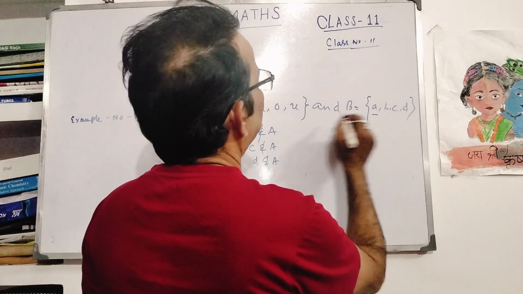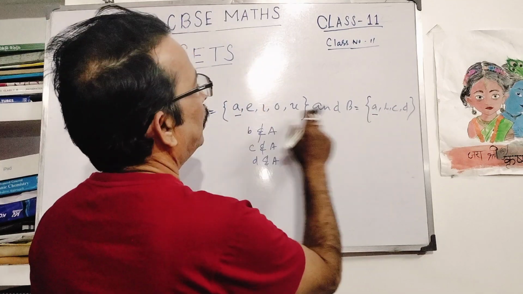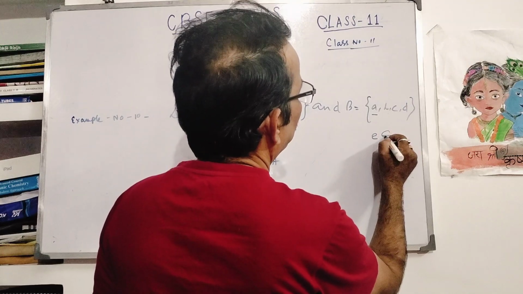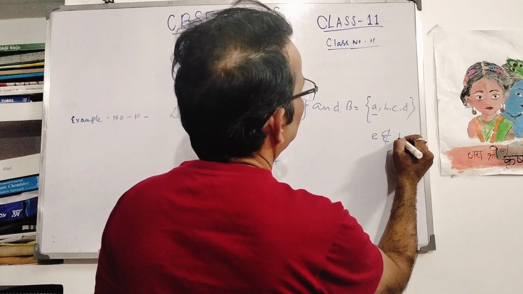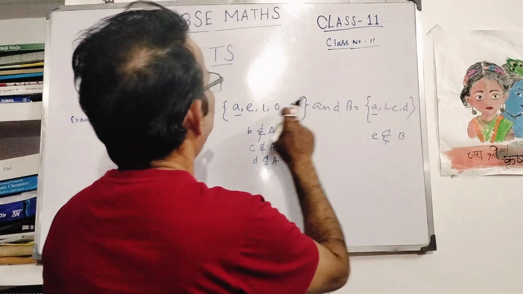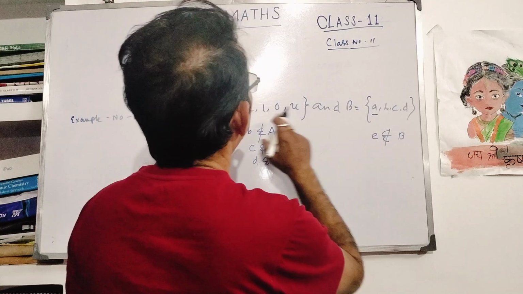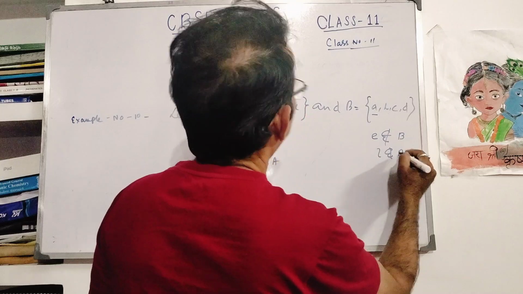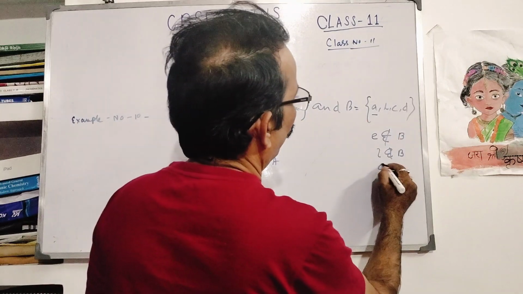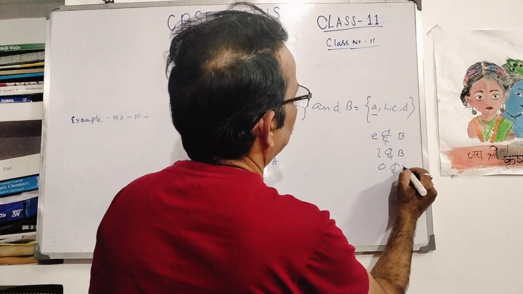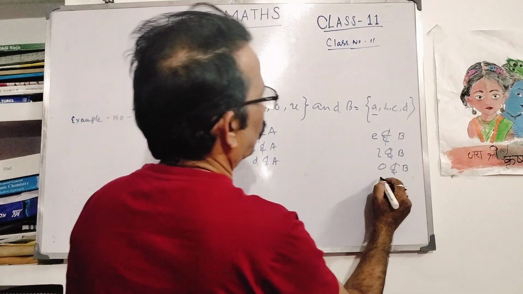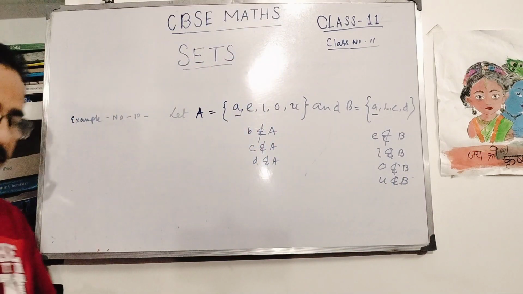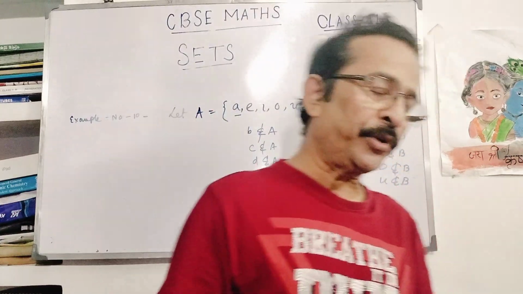Here, A is common, but E does not belong to B. I does not belong to B. O does not belong to B. U does not belong to B. So here are the dissimilarities between the two sets.